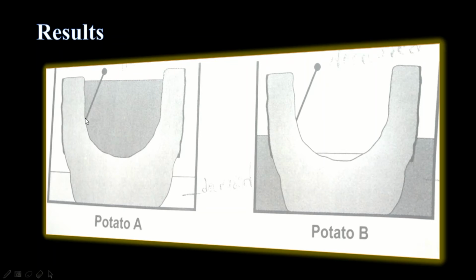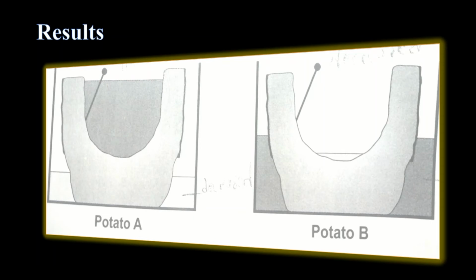Initially, when we started the experiment, our water level was at the pin, but after 2 hours, or 3 hours, or whatever period you were asked to leave your experiment for, you find that in potato A your water has actually increased in the potato, whereas in the beaker your water will actually decrease.